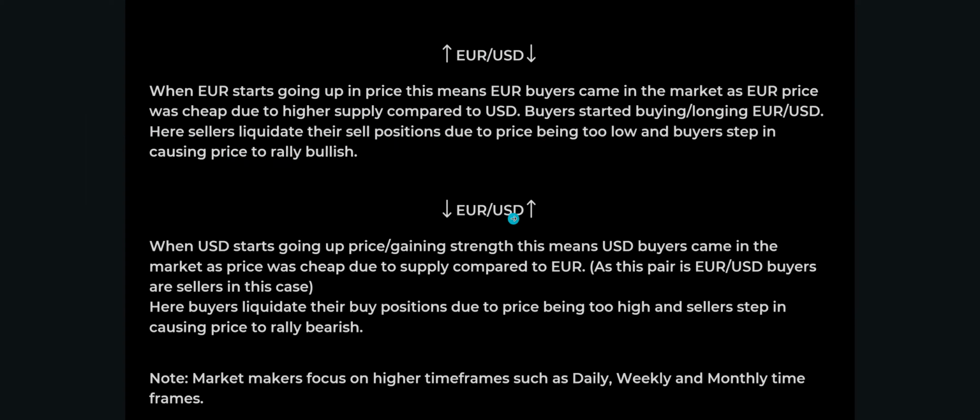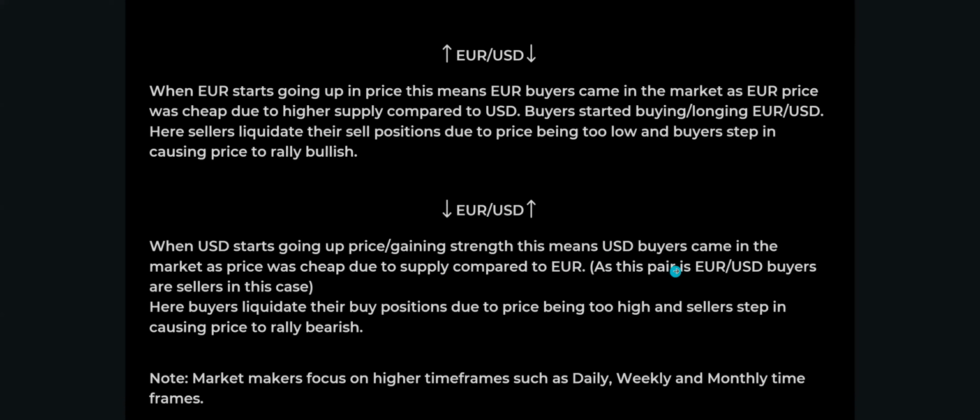Again, the vice versa. If Euro USD is bearish, the euro is getting weaker, the dollar is getting stronger. When the dollar starts going up in price, which gains strength, this means the US dollar buyers came into the market as price was cheap due to a lot of supply compared to the euro. The euro had a premium price on it, so the people didn't want to buy it.